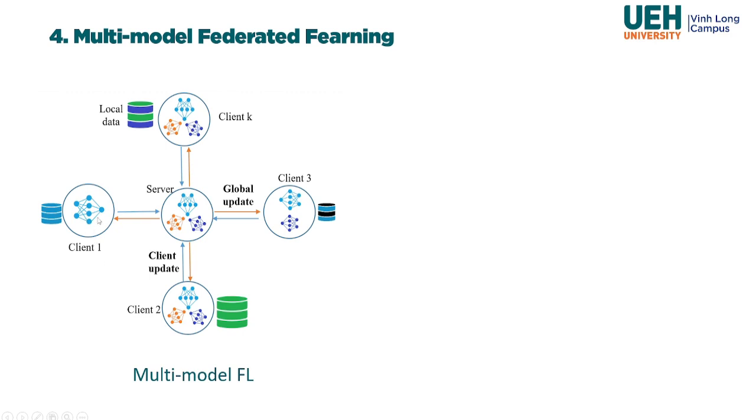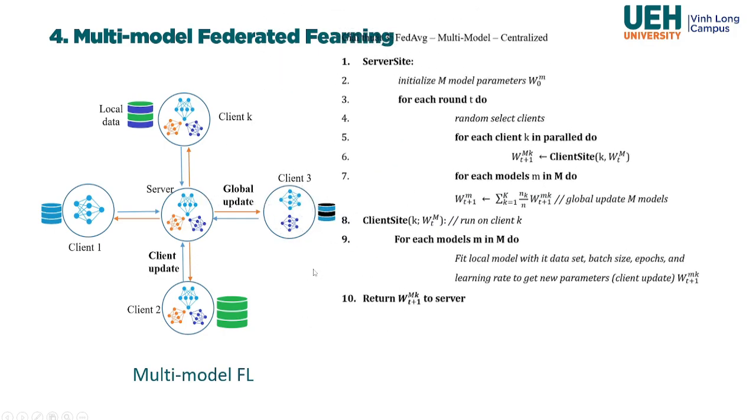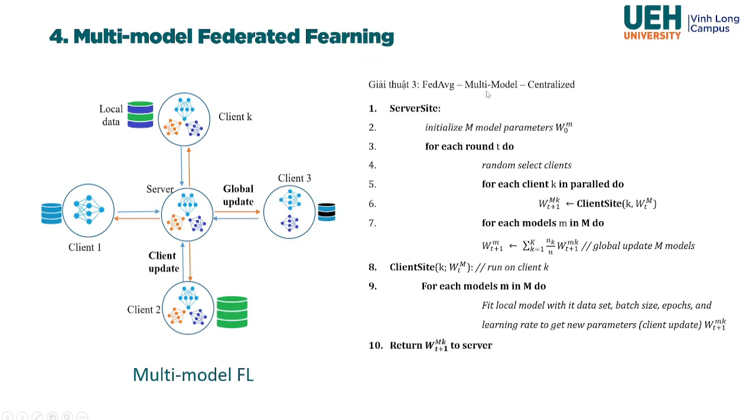For example, you can see client one has just one model, client two has three models, client three has two models, and client K has three models. The most important thing is that the server has all the models that the clients have. And once again, the algorithm for multi-model federated learning is in my paper. You can read it. And here is the algorithm.